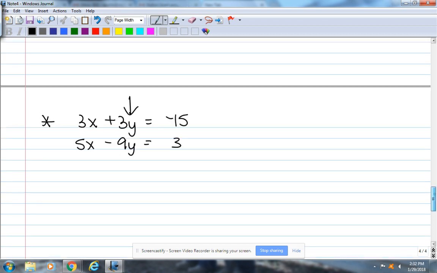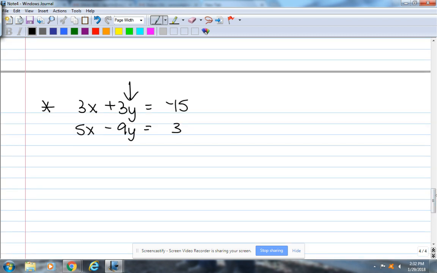So let's work on this one together. I hinted to y'all that probably the best way to do it is to eliminate your y's because 3 goes into 9. So I would have multiplied my top row by 3 to eliminate my y's. And when I did that, I would have got 9x plus 9y equals negative 45.